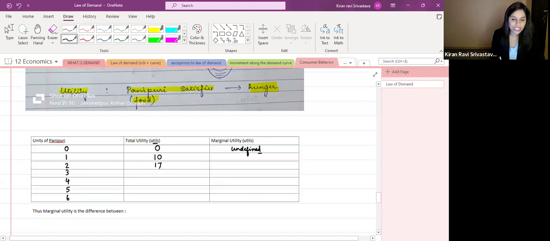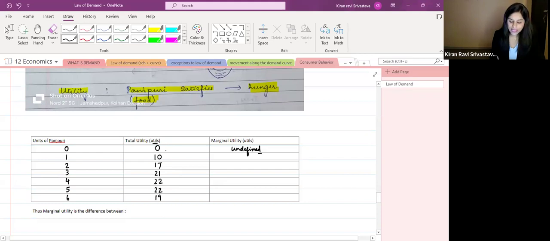Utils here is the satisfaction level. The third one gives him 21, the fourth gives him 22, the fifth again gives him 22, and the sixth one gives him 19 utils of satisfaction.